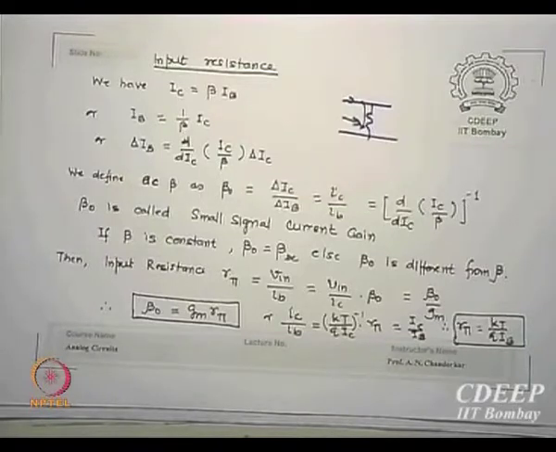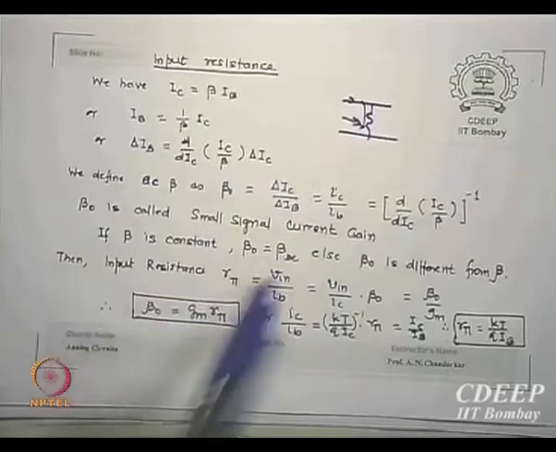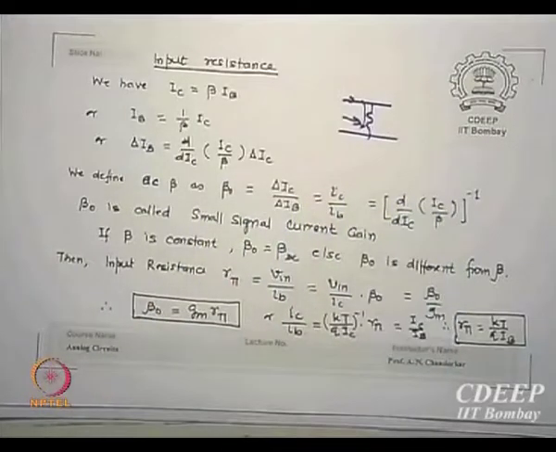You apply a DC signal, DC voltage, and you see what the output is. So the collector current divided by base current is the DC value. This is DC beta. If I now substitute in this equation, I get IC by IB, which is beta 0, delta IC by this.